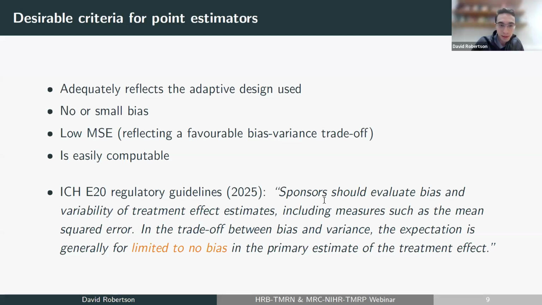So I think this is quite a clear statement that, at least for ICH E20, in this trade-off between bias and variance, there's a definite steer towards limiting or indeed having no bias in the primary estimate of the treatment effect.